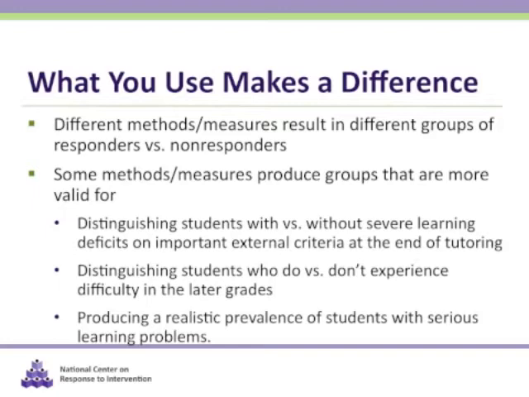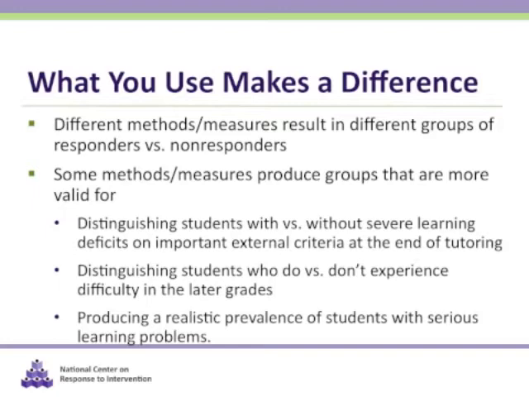Some methods and measures will produce groups that are more valid for distinguishing students with and without severe learning deficits on important external criteria at the end of tutoring. Different methods and measures will also produce groups that are more valid than others for distinguishing which students will go on to develop serious difficulty in the later grades.